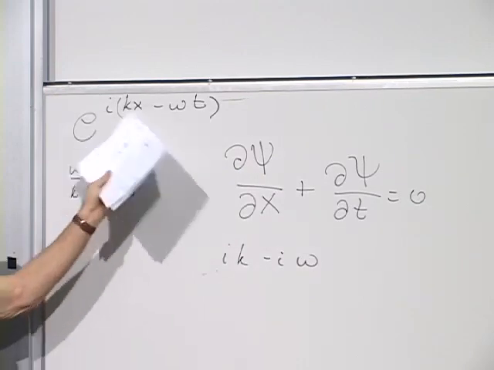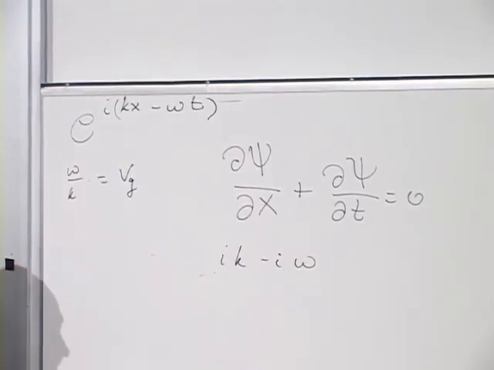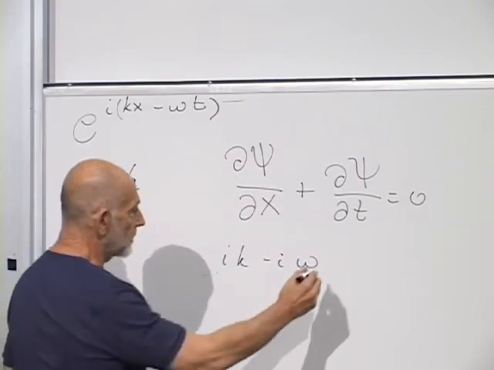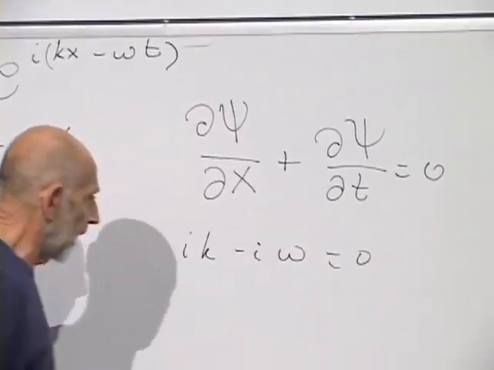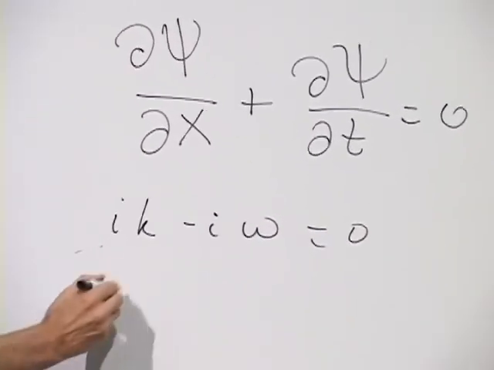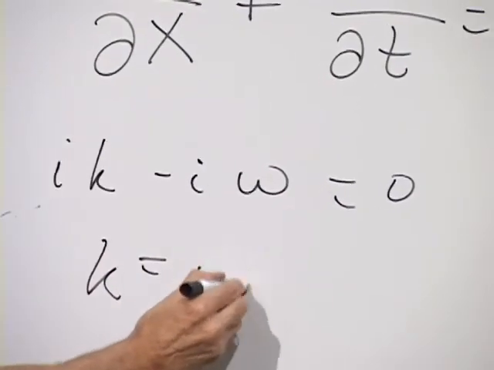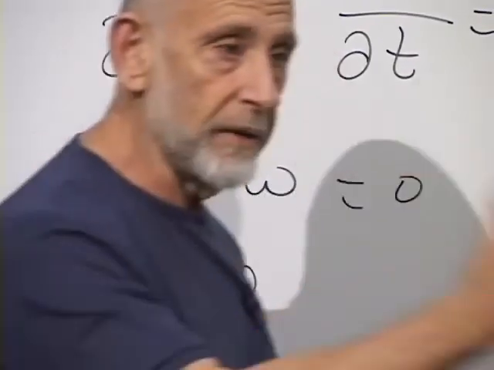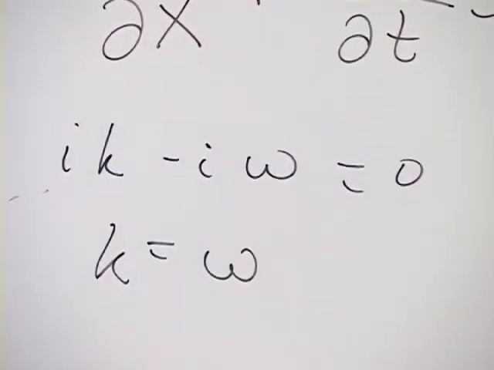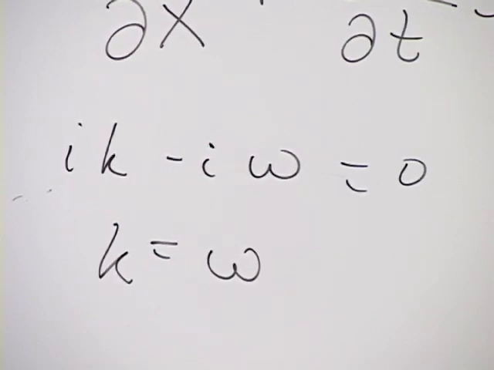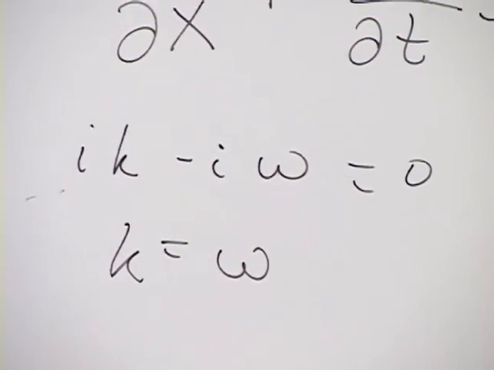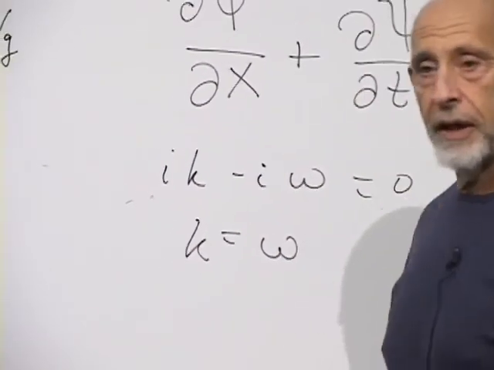All of that just multiplies the original function here, and if we set it equal to 0, it just says that ik is equal to i omega, or that k is equal to omega. And that's obviously a wave that moves to the right, as was said.